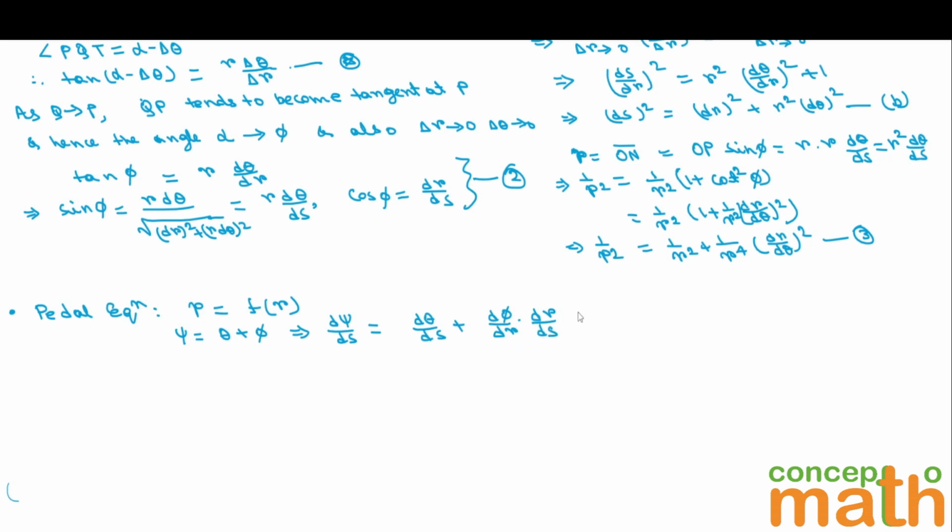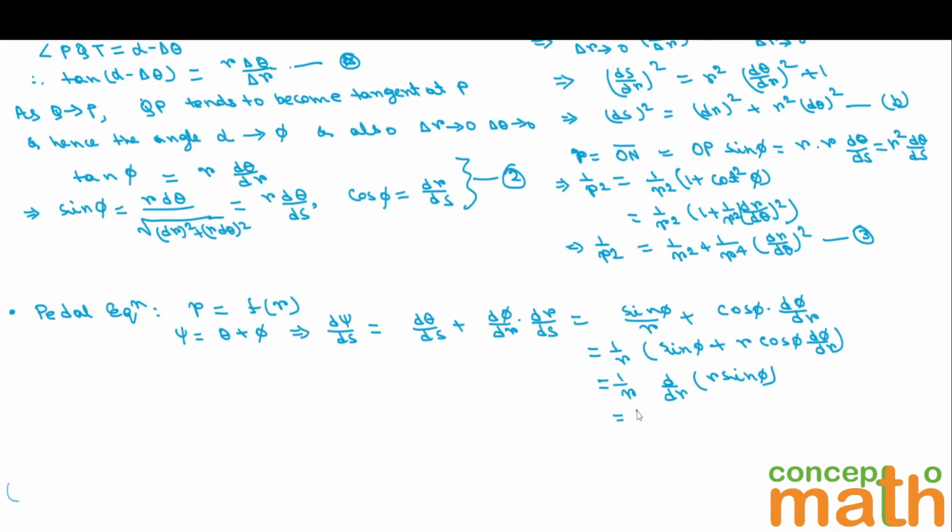Now from result 2, dθ/ds is nothing but sin phi by r, and dφ/dr times dr/ds is cos phi times dφ/dr. So we can take 1/r common, and this becomes sin phi plus r cos phi dφ/dr, which can be expressed further as 1/r d/dr of (r sin phi).